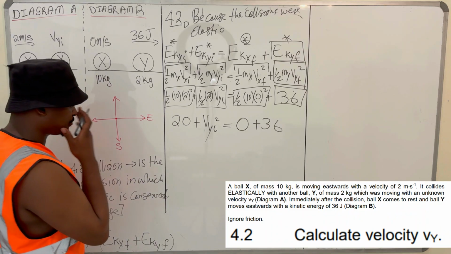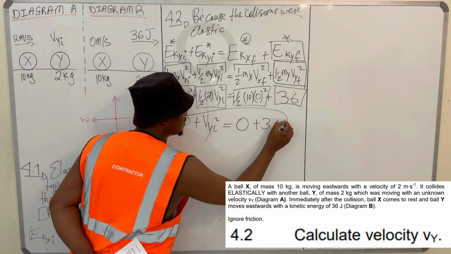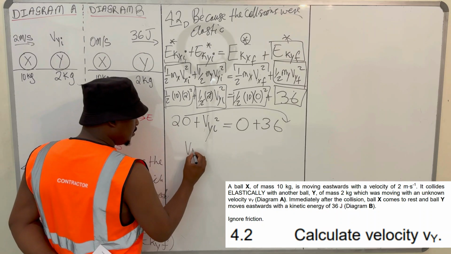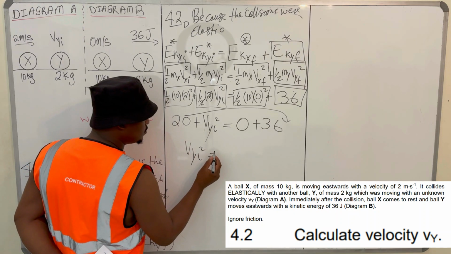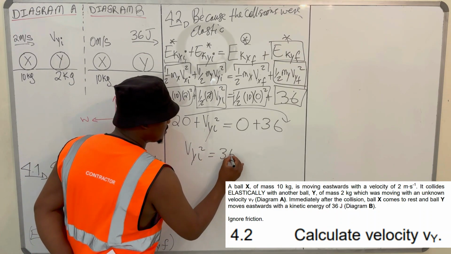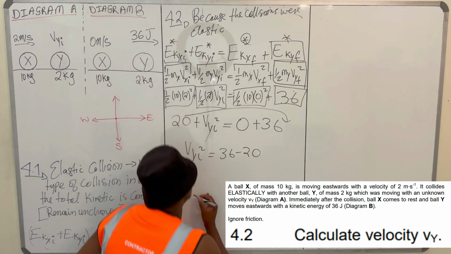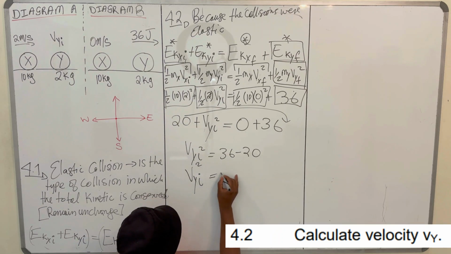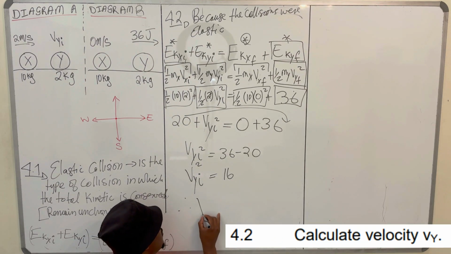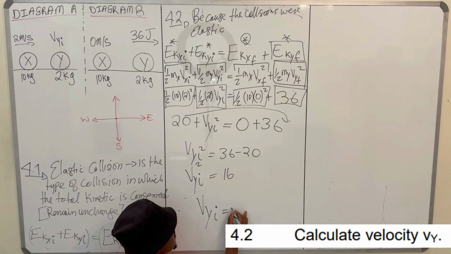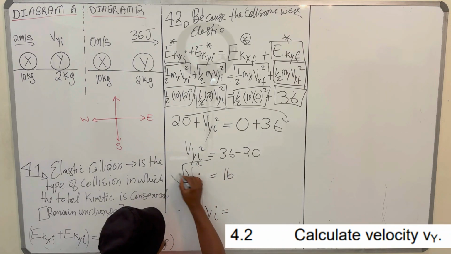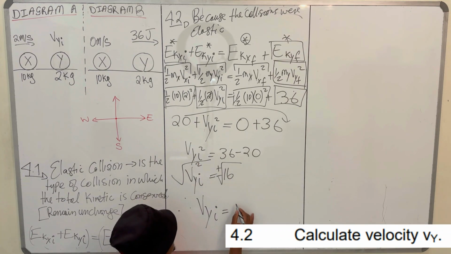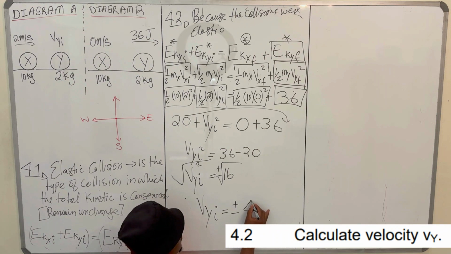Transpose this to this side, so Vy initial squared is equal to 36 minus 20. So Vy initial squared is equal to 16. Therefore, Vy initial is equal to, take the square root, plus or minus 4 meters per second.